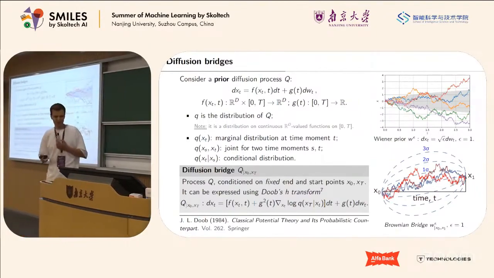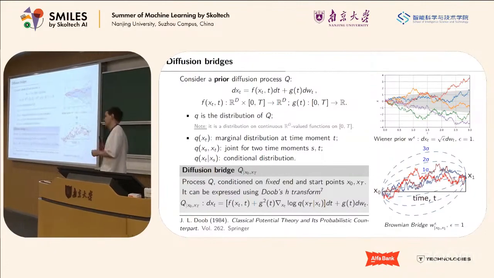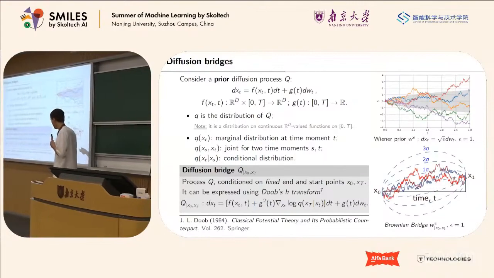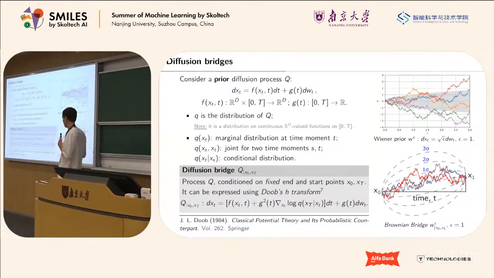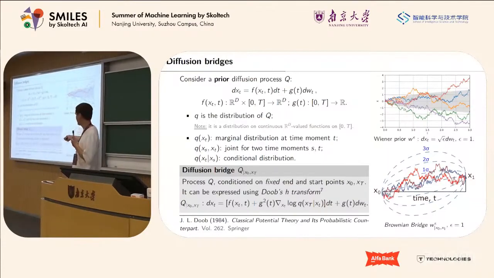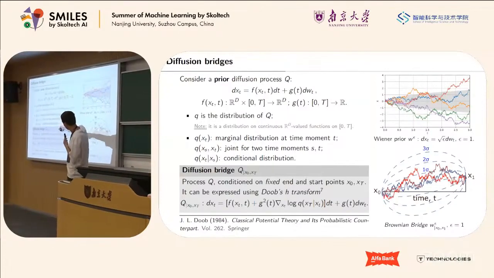How is it described? Well, from the theory of stochastic processes, there is a well-known result called the Doob's h-transform, which gives an explicit formula for this stochastic process of the diffusion bridge. It is described by a stochastic differential equation in which the drift term is similar to the drift term of the original process.